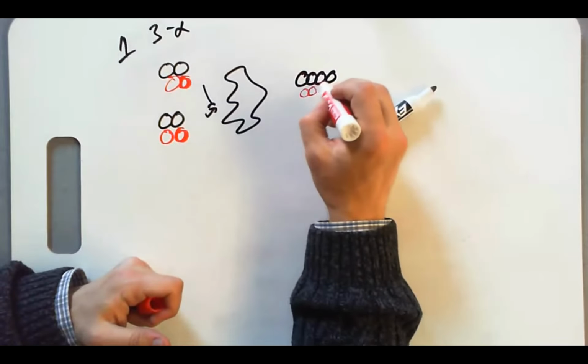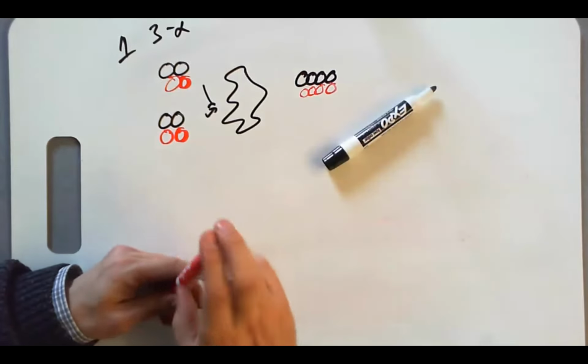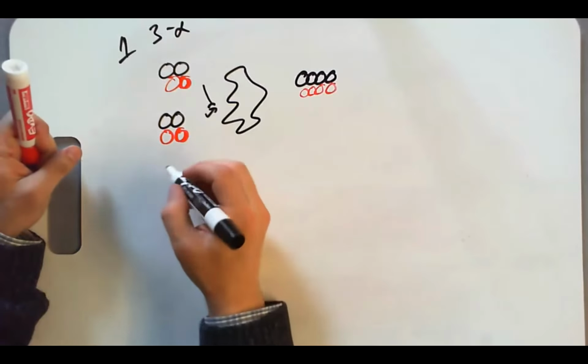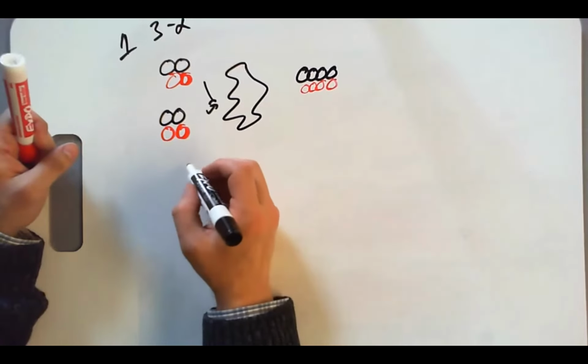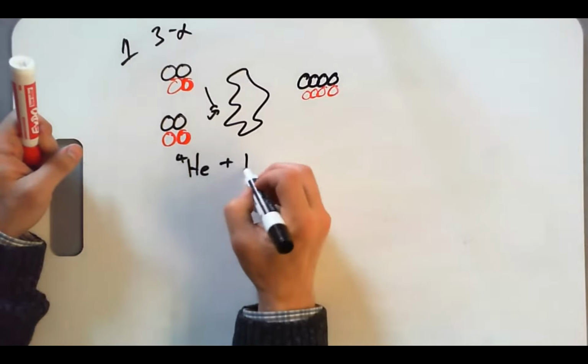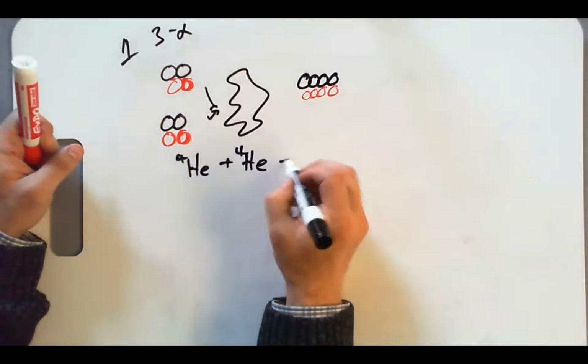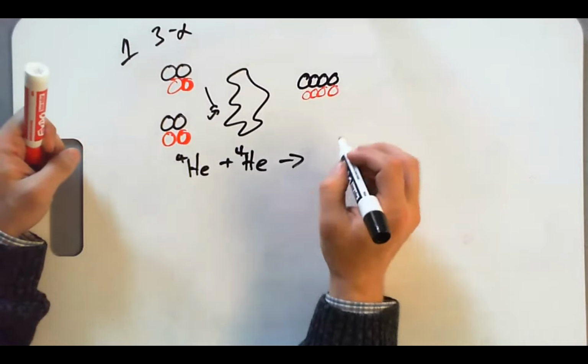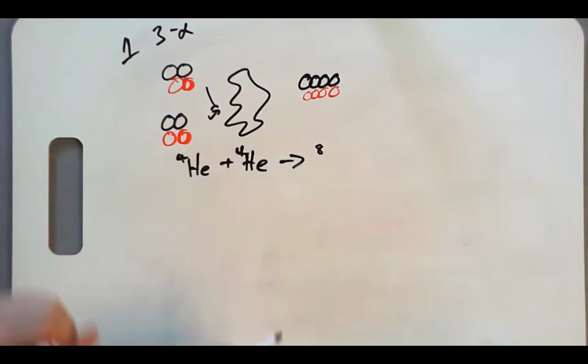They probably aren't arranged like this, but it doesn't really matter. So if we're keeping track on our equation line, it would look like this. A helium-4 nucleus plus a helium-4 nucleus goes to a nucleus that has 8 nucleons. It's going to be an 8.